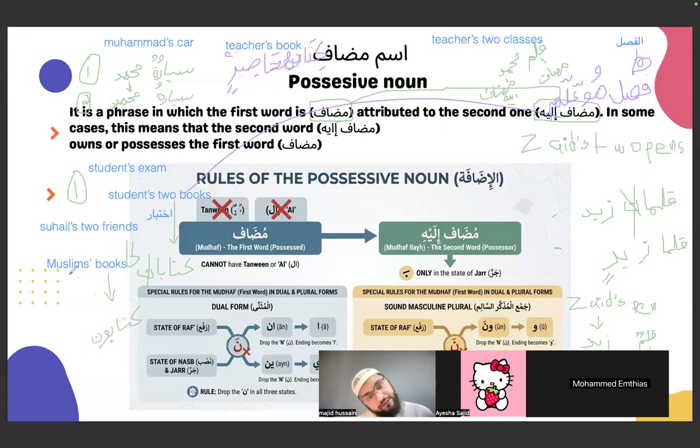Kitabuna, and how will I translate Muslims? Muslimuna. That's my first step. In my second step, I'm going to drop the noon, because noon is equivalent to tanween as we were dropping in the singular. I will drop the noon and it will become kitabu.